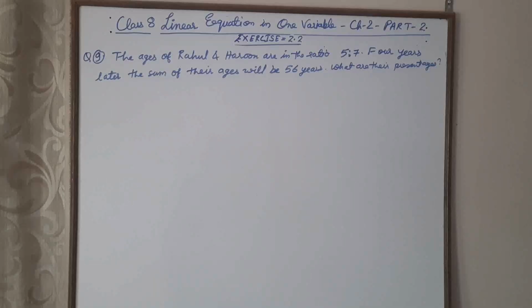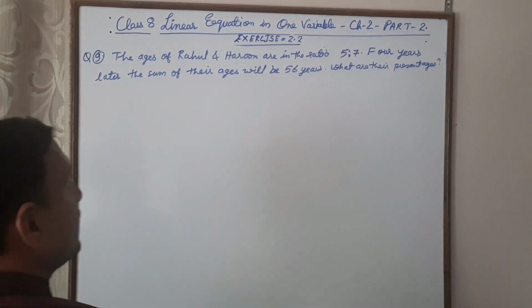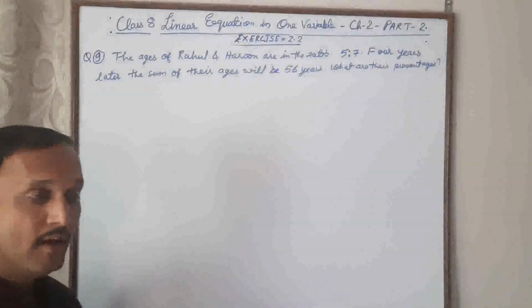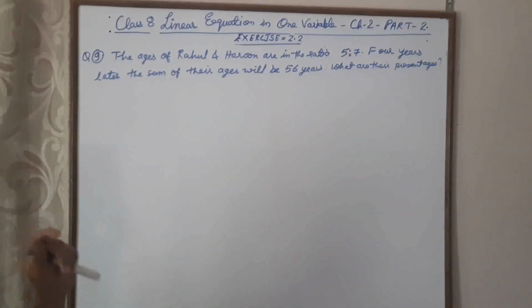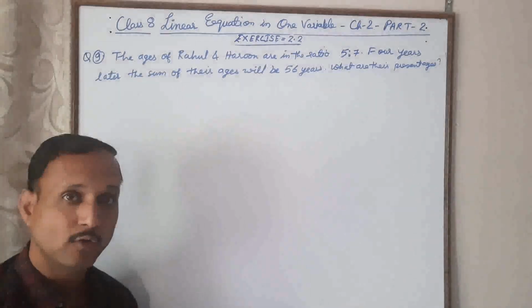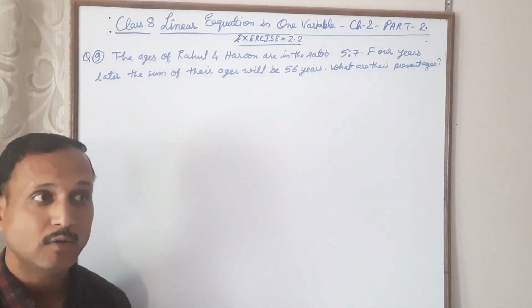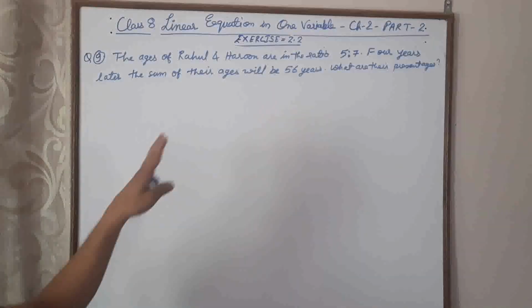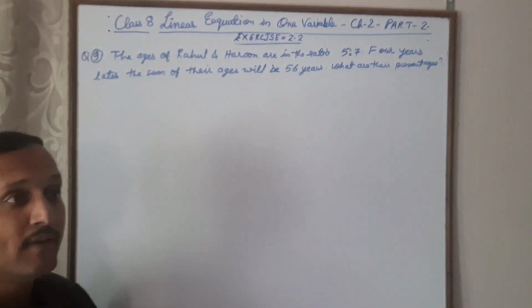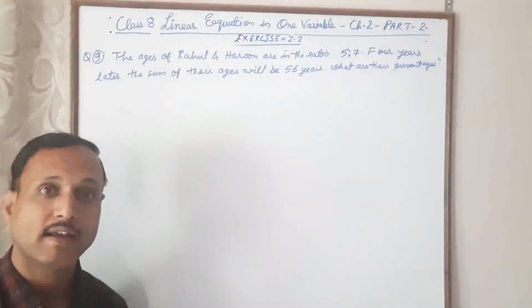Now let us begin question number 9. The ages of Rahul and Harun are in the ratio 5:7. In the previous question also we have seen that whenever ratios are given, how to convert into variable form. The ratio is 5:7, so we will assume the ages to be 5x and 7x. Similarly here too.